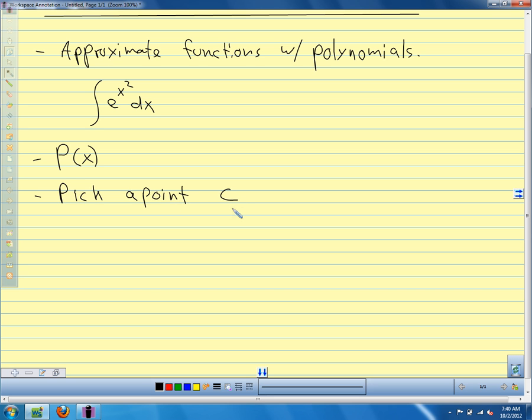We make our approximation near that point. So we pick a point c in the domain, and we say that we expand about c, or that our polynomial is centered at c.